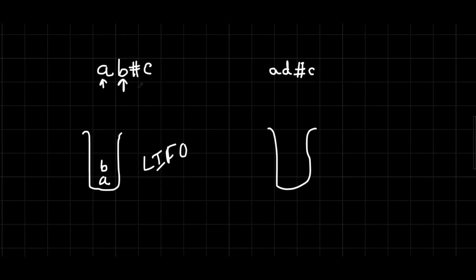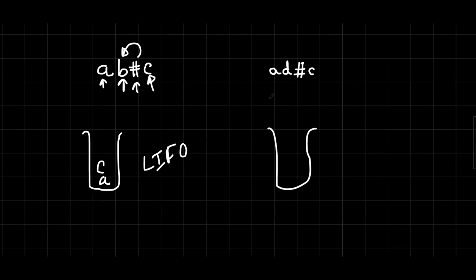Now our current element is hash. This is a backspace character, which means we have to remove the previous character. The previous character is the top element of the stack, which is B. So we pop B from the stack. Now we are at the last character, which is C, so we add C into the stack.